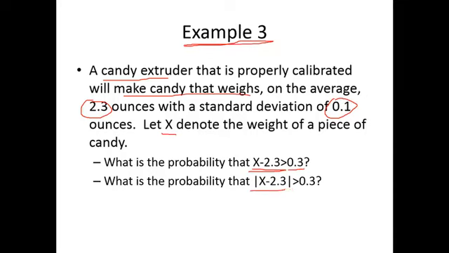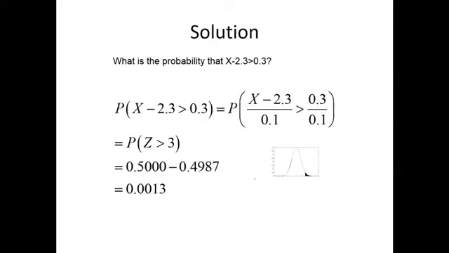What is the probability that the absolute value of x minus 2.3 is greater than 0.3? Do these calculations. Well, this first one, and again, this 2.3 is not chosen at random. It's chosen so that I can divide both sides by the standard deviation and have a z-score here. And so I get that z is greater than 3.